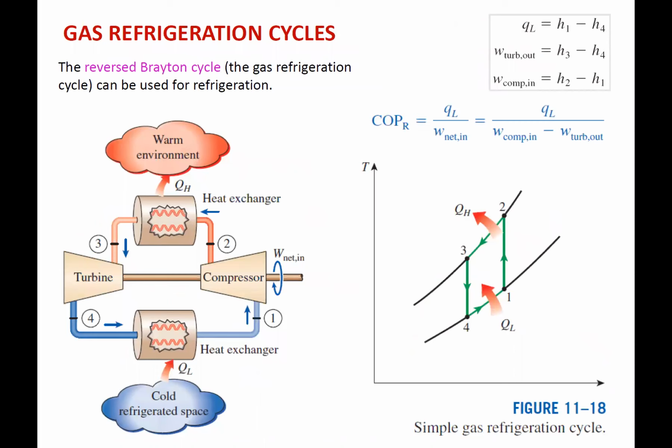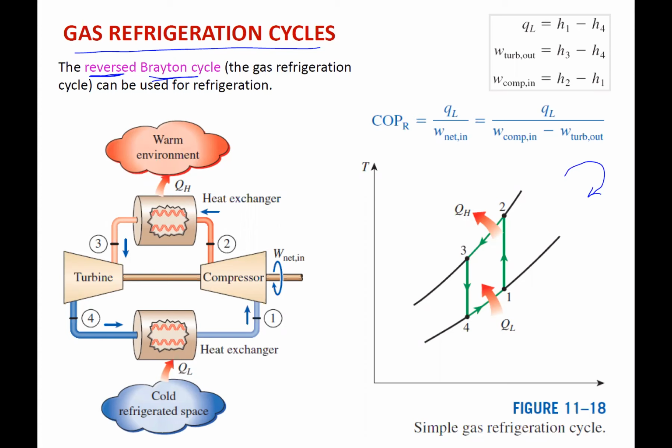All right, I'll just briefly mention this one, the gas refrigeration cycle. All it is is a reverse Brayton cycle. When we say reversed, we're just reversing the direction. A regular Brayton cycle that we saw in chapter 9 had these processes going to the right, going clockwise.